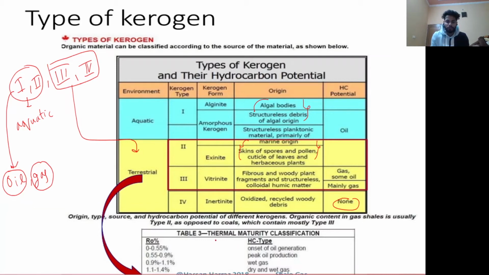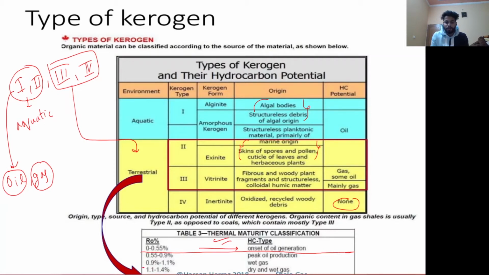Talking about your thermal maturity, which is reflected in terms of vitrinite reflectance, from 0 to 0.55% we have the onset of oil generation. That is, no oil has been produced in the shale or kerogen if the vitrinite reflectance value is in this range.